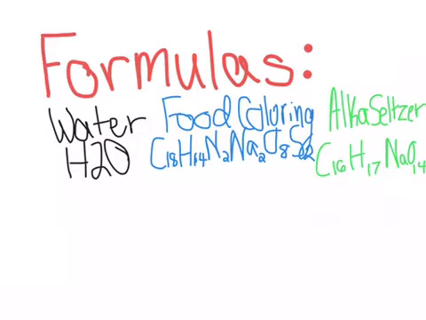The formula for water is H2O, which we talked about earlier when we said it has 2 hydrogen atoms and 1 oxygen atom. Food coloring is more complex than water, as you can tell.